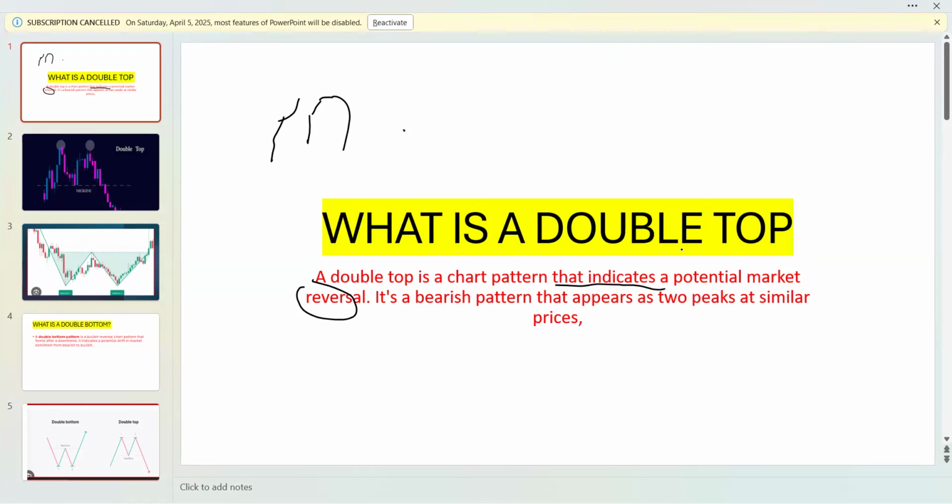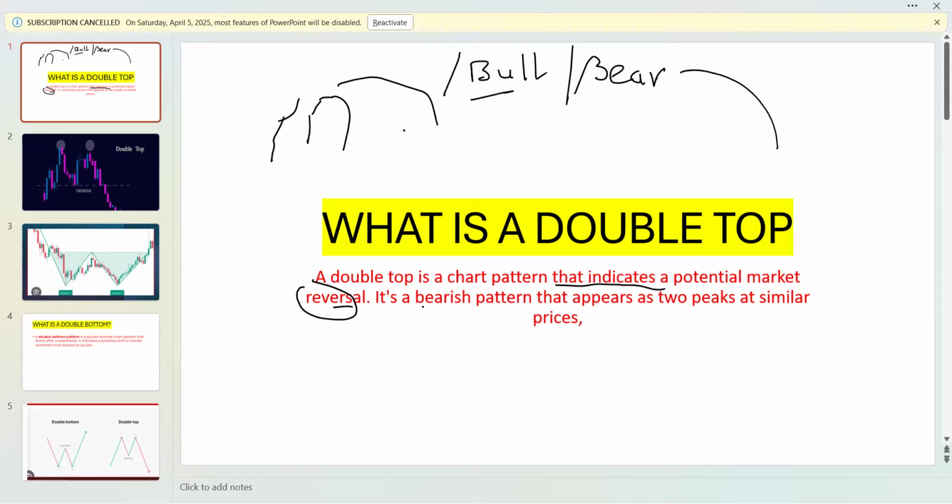So that indicates a potential market reversal. It's a bearish pattern. Whenever you see a double top, that's what we call bearish. Remember, I taught you about bulls and bears, which is bullish and bearish. Whenever you see bearish, that means it's going to go down. When you see bull, that means it's going to go up.